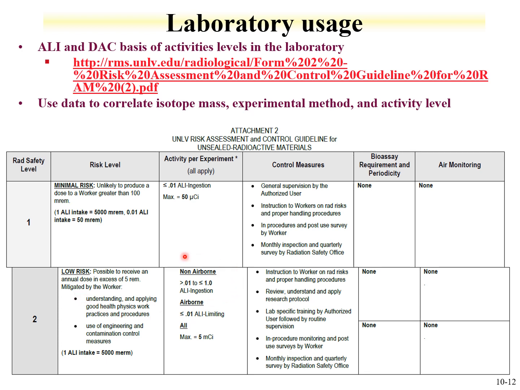If the annual limit of intake, the activity for the isotopes one is working with, approaches 1 ALI, then the rad worker level is 2, or an airborne ALI of 0.1, the rad worker level is 2. This means that the rad worker, the researcher, needs a little bit longer skills, a little bit more supervision in working with activity.